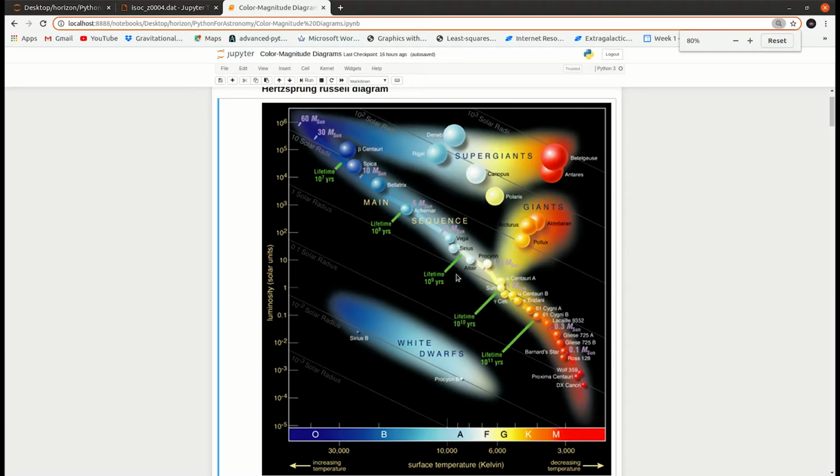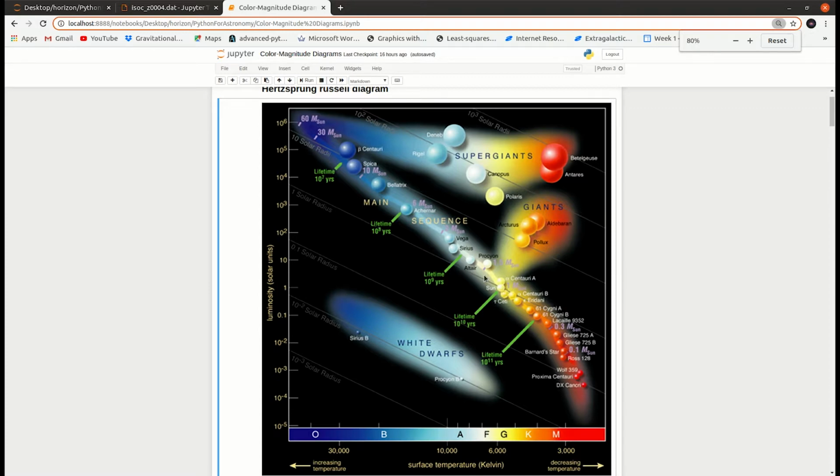You can look for the sun over here. The sun is right over here with a temperature around 5000 Kelvin, sorry, 6000 Kelvin, and then you have its luminosity, which is measured in solar units, so it will have one solar unit luminosity.